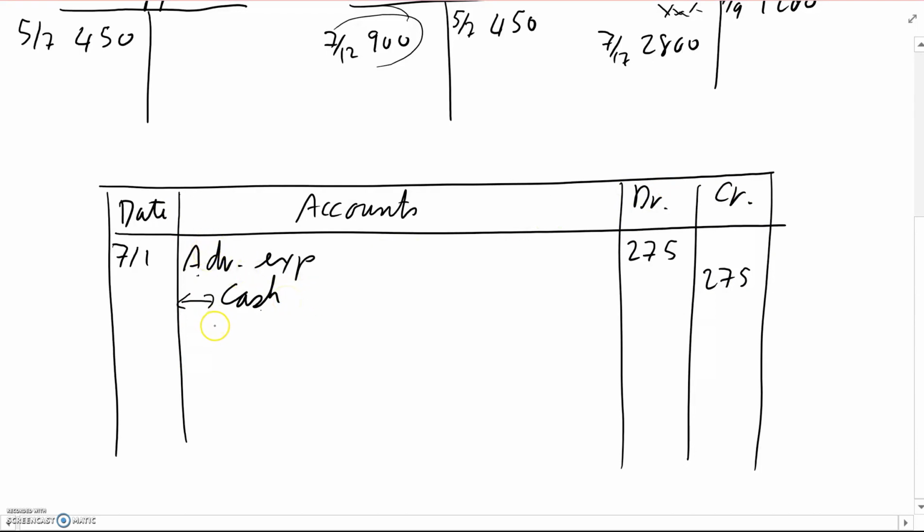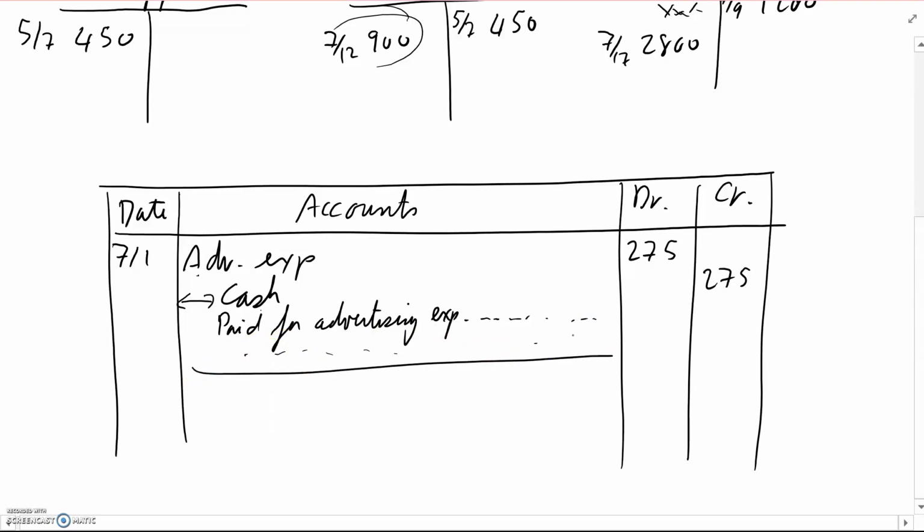And then here we're going to write that we paid for advertising expense to this customer by this check number, whatever you're going to write here, a full explanation so that you can know.